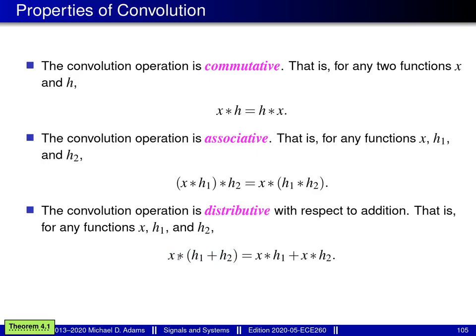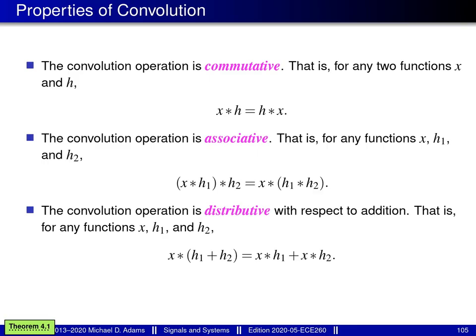What I can do is distribute this convolution operation into the individual terms of the sum to get this right-hand side here. So it follows a somewhat similar pattern as what you have with addition and multiplication, for example for real numbers. But keep in mind that convolution is a very, very different thing from multiplication. It's sort of just a coincidence that it has this similar pattern that addition and multiplication have. But nevertheless, this is a useful property to know.